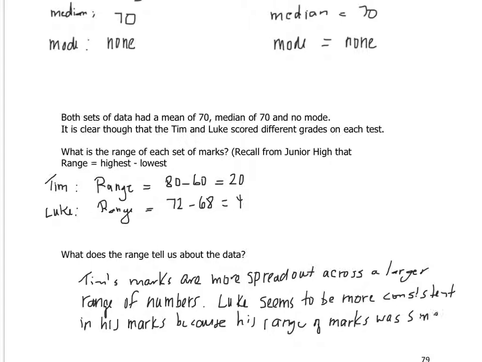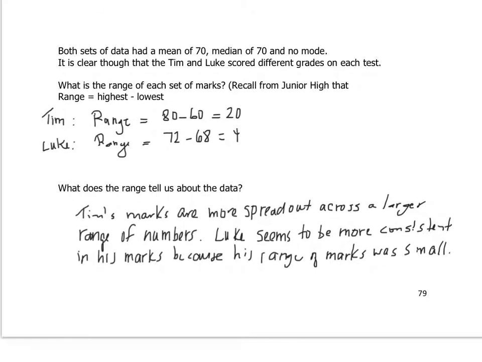It was very small. So his range of marks was really small, so a little bit more consistent than Tim was. Tim's range was a little bit more extensive, 20 versus 4 for Tim and Luke.